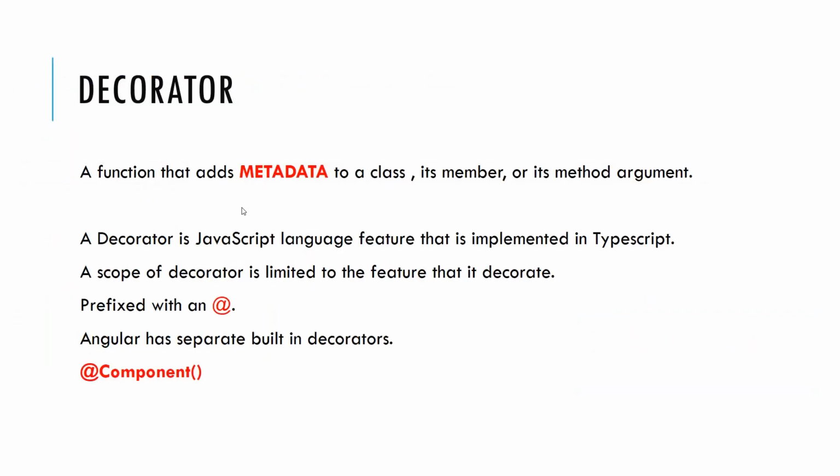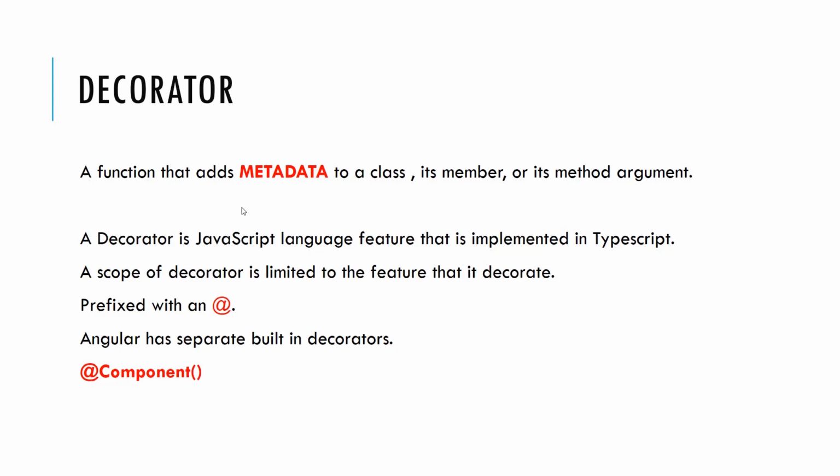Then let's discuss decorators. Basically, what are decorators? Decorators are functions that add metadata to your class, its members, and its method arguments. Decorator is a JavaScript language feature that is implemented inside TypeScript. The scope of a decorator is limited to the feature on which we have decorated it.